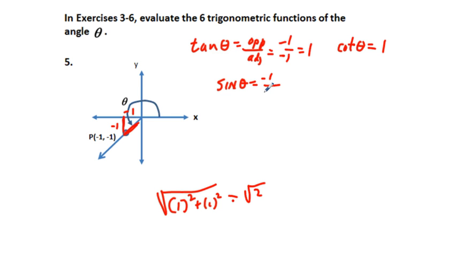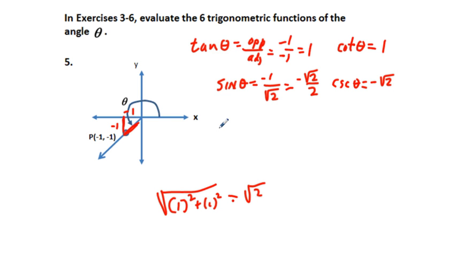So sine theta is -1 over square root of 2, which rationalized is going to be negative square root of 2 over 2. And the cosecant is going to be the reciprocal of -1 over square root of 2, so that's going to be negative square root of 2.